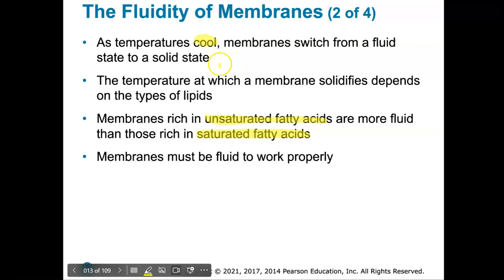So organisms that live in cool temperatures will end up with more unsaturated fatty acids in their phospholipid bilayer, because that will make the membrane go back to a more fluid state, okay? Then if they live in a hot environment, they're going to have more saturated fatty acids than unsaturated. So the membrane won't be too fluid.